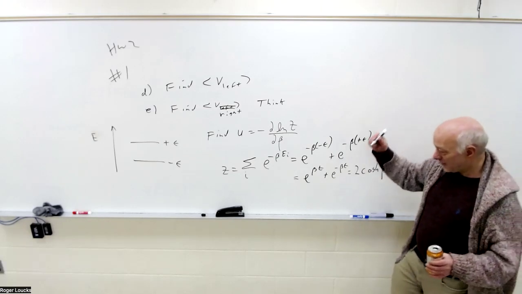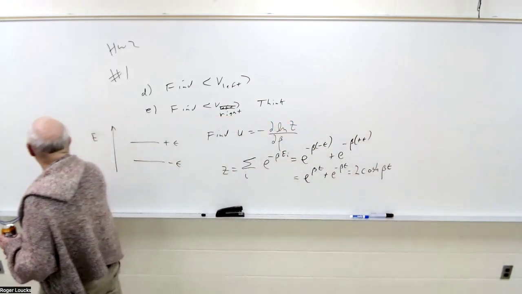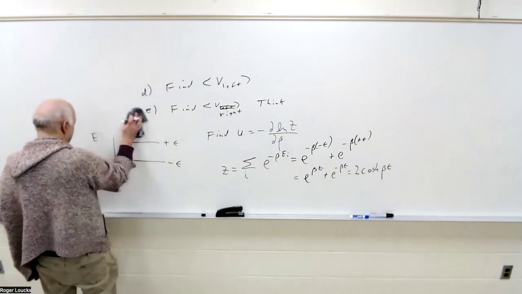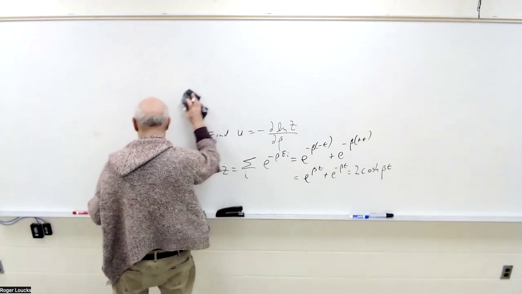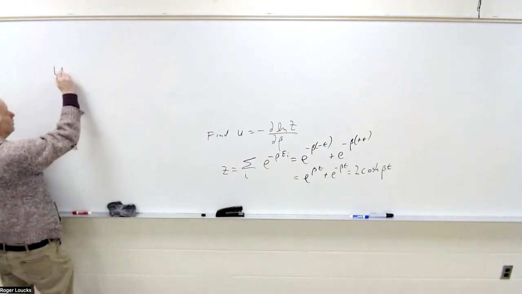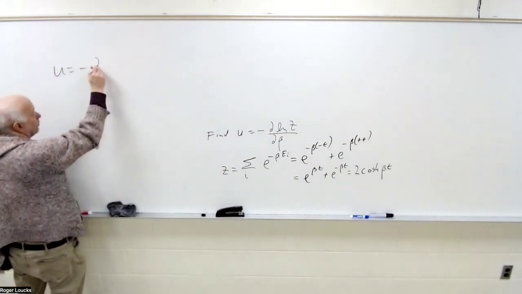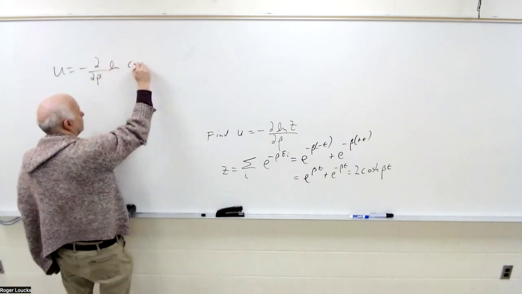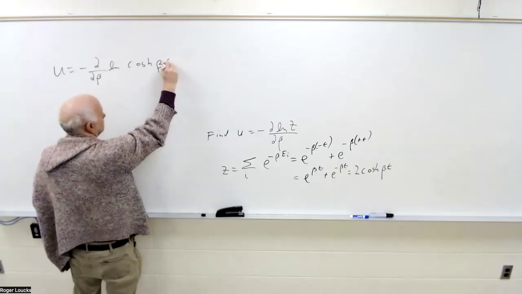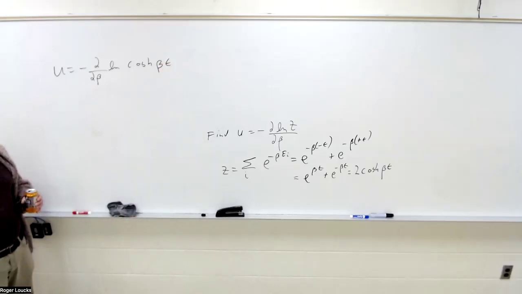Okay, so what is U on this? U is minus the partial with respect to beta of the ln of 2 cosh of beta epsilon.